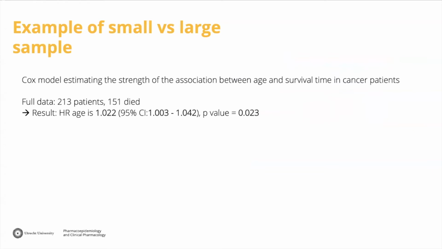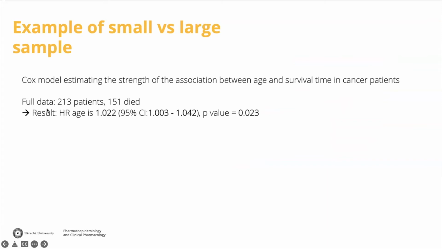So, examples of small versus large sample sizes. For example, let's say we have a Cox model where we're estimating the strength of the association between age and survival among cancer patients. In the full data set, we might have 213 patients where 151 died.